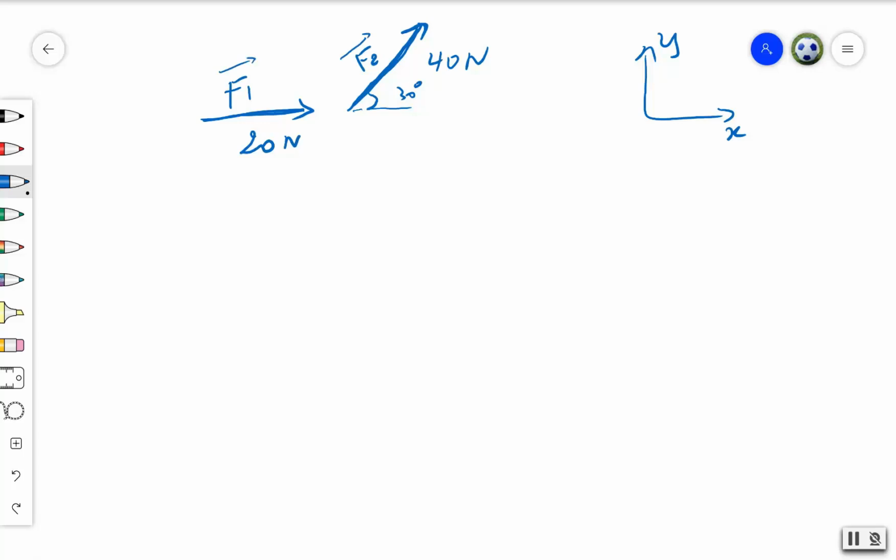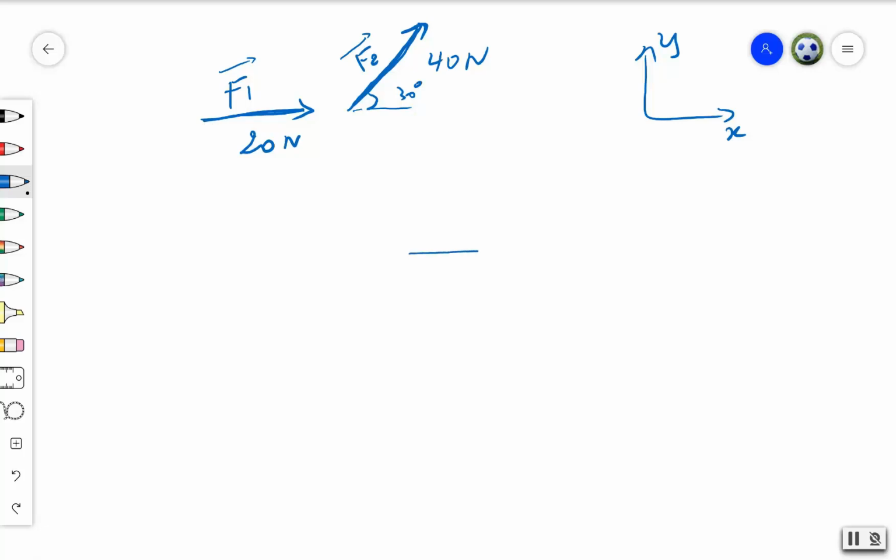Okay, so how to add these two vectors? There are two ways. The first one is probably the easiest way, which is graphically. So we are going to use the tip and tail.